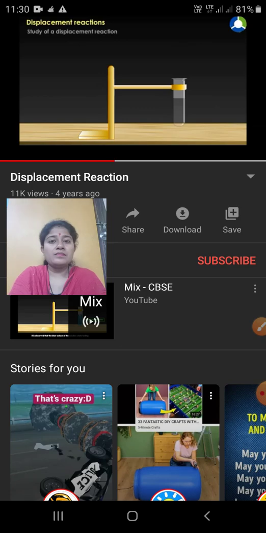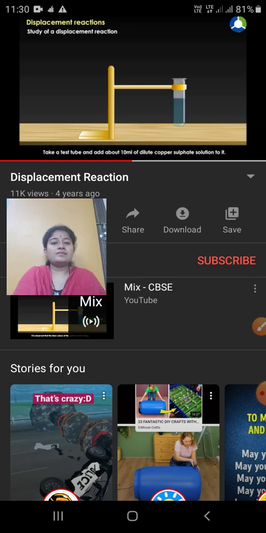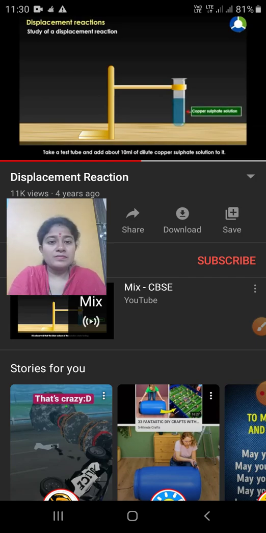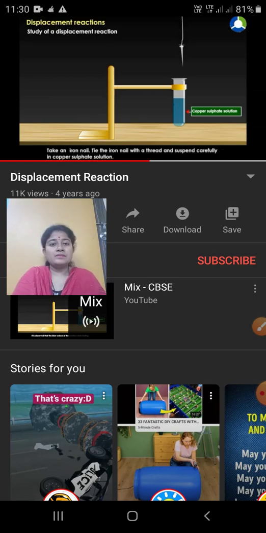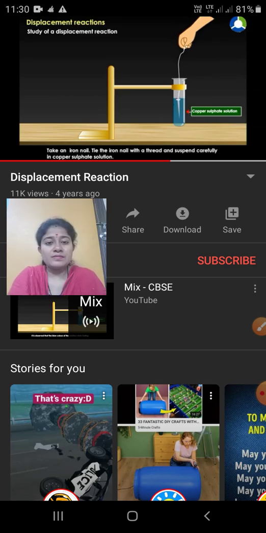Study of a displacement reaction. Take a test tube and add about 10 milliliters of dilute copper sulfate solution to it. Take an iron nail. Tie the iron nail with a thread and suspend it carefully in the copper sulfate solution.